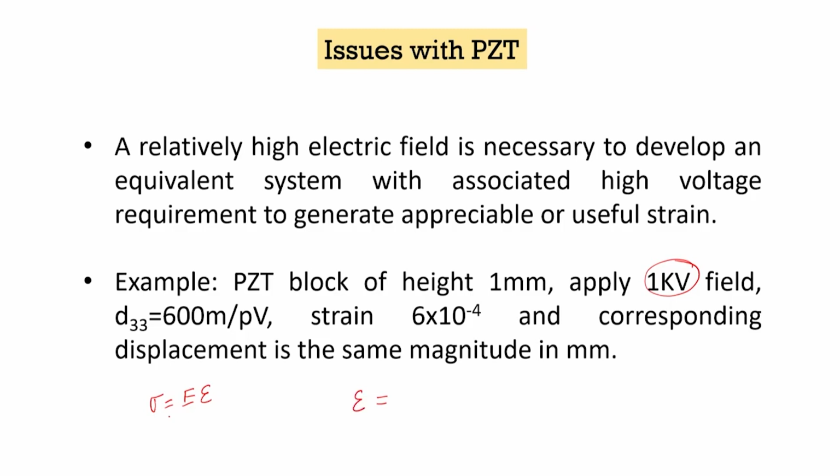So epsilon is 1 over E sigma, which can also be written as S sigma, where E is the elastic modulus and S is the compliance modulus. So I can write epsilon equals S sigma, that is a normal Hookean relationship.